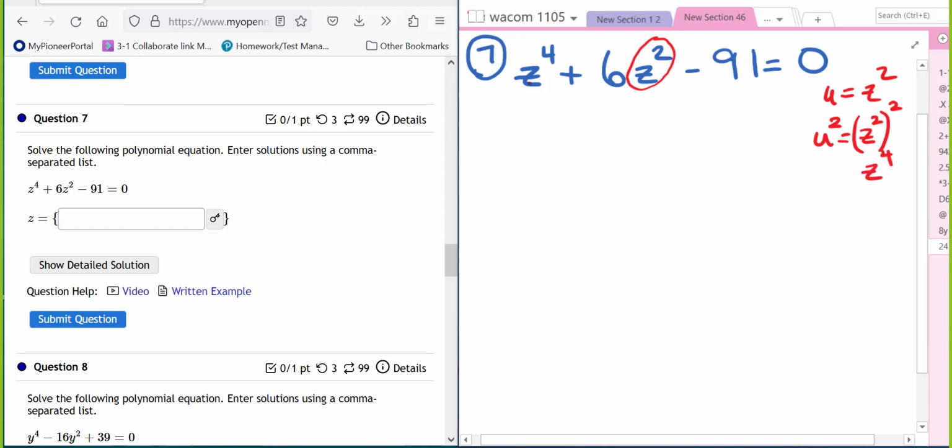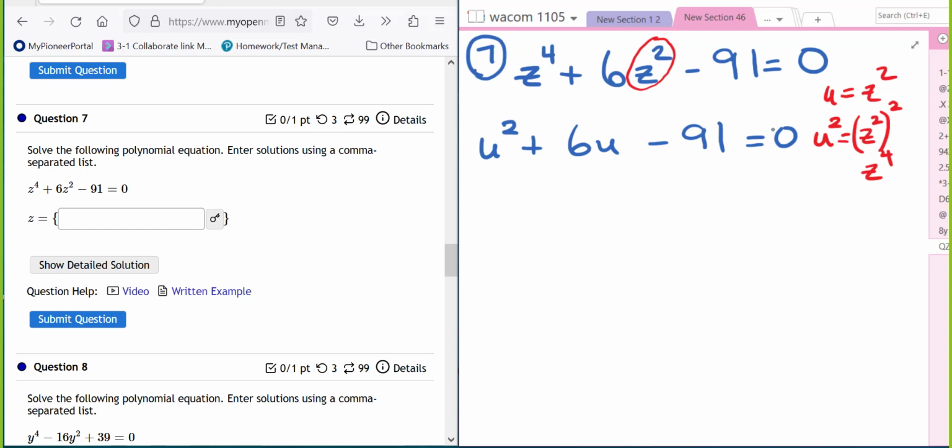That has to check, which it does. So instead of working that problem, we're going to put these u's in. So this is u squared plus 6u minus 91 equals 0.